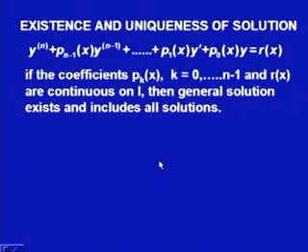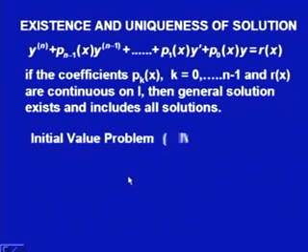That says the solution of this equation exists if the coefficients are continuous on some interval as well as the right hand side, then the solution will exist on that interval. Here you see in the standard form we are taking the coefficient of y^(n), the nth derivative, as 1. Moreover, the general solution includes all solutions, that is all the solutions of this differential equation can be obtained from the general solution. We do not have any singular solutions here.